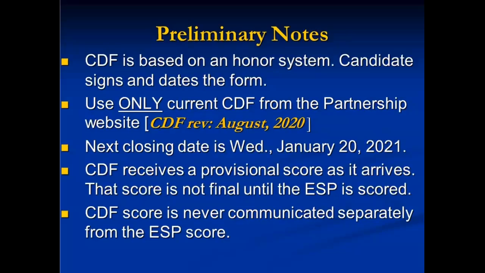There have been some minor adjustments since the 2019-2020 year. But look for a CDF revision August 2020. That's the one that is currently posted on the partnership website. A lot of Ccaps like to be helpful and give people who are potential candidates an old candidate data form to get them started. Say thank you very much, but I'll get a fresh one.